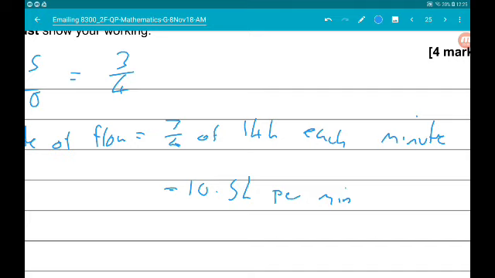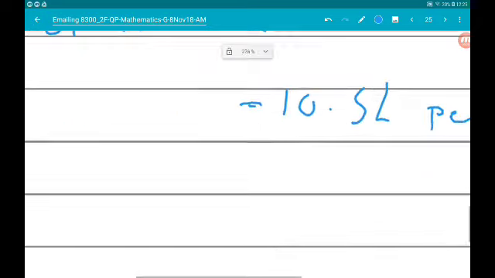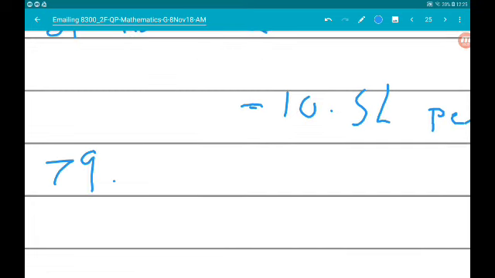We could either do 7.5 minutes times 10.5 and see if that capacity is greater than 79.8, or the way that I would do it is the capacity, so 79.8 divided by the amount going in each minute, so divided by 10.5, and what that will tell us is how many minutes it takes to fill the tank.